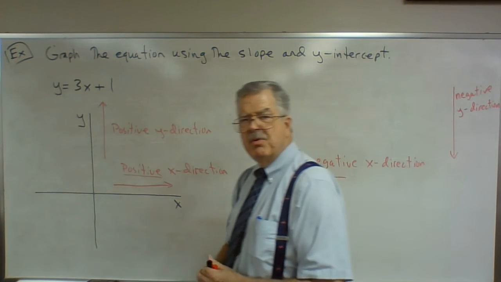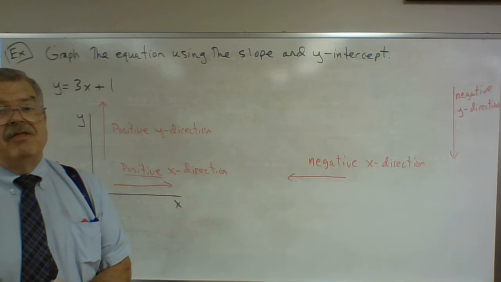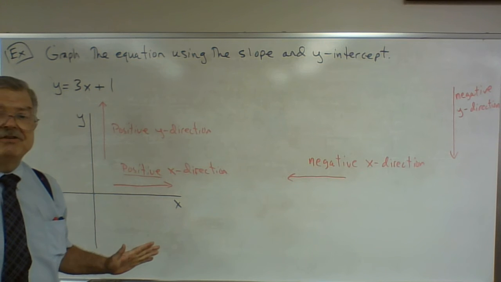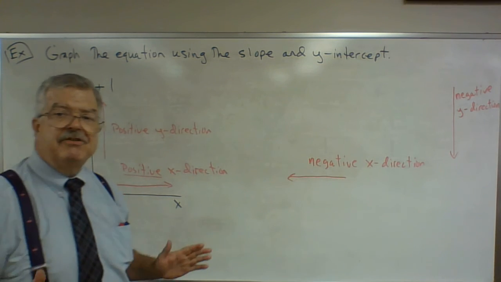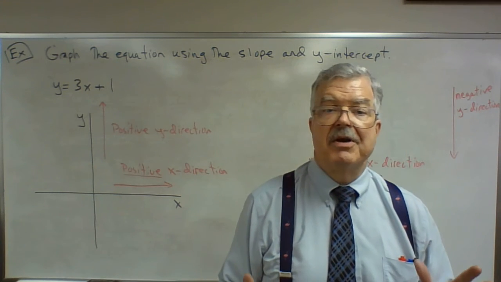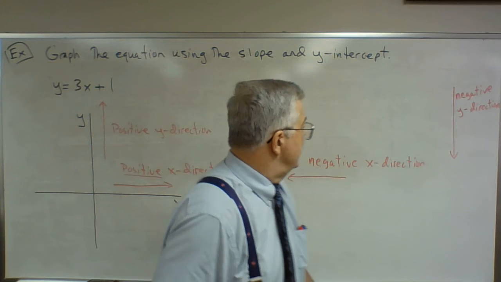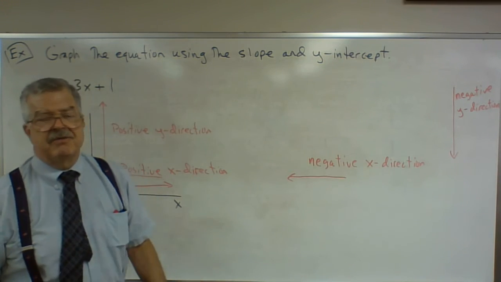It's very important for us to realize that these are conventions that we're establishing right now. They're universal conventions in the world of math, and they're not going to change ever. If we go from left to right, that's the positive x direction.